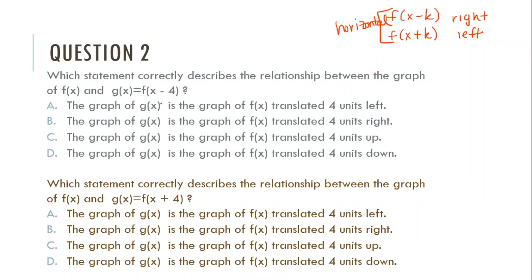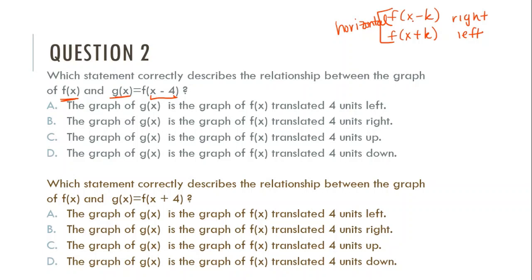And this time notice that I'm just dealing with my input. Okay, so it's telling me that I'm subtracting 4 from the input or from the x. I have my original function, my parent function f of x, and I'm translating it to my new function g of x. And I'm translating it by subtracting 4 from my input or from my x.